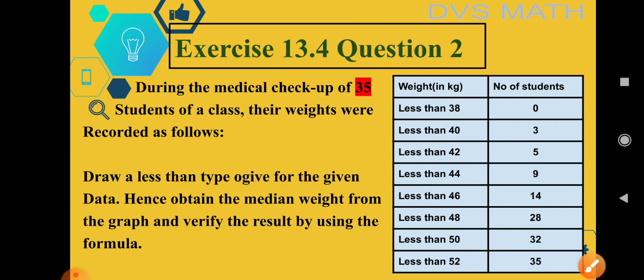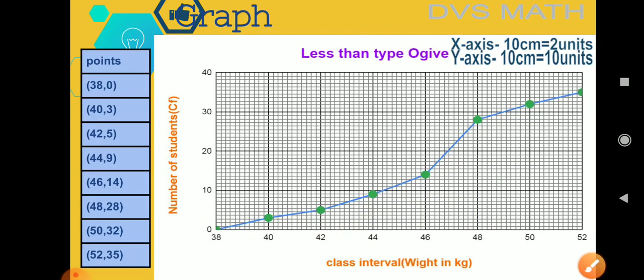So now let us plot the graph for these points: upper limit as they gave in the question, and the CF. So if we plot the graph, it is like this. Please write all these points.